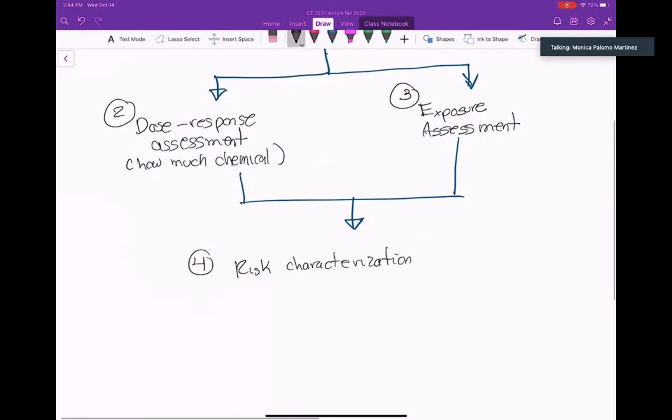And the risk characterization is going to be actually calculating the risk, right? Determining the risk, a value. All of this is risk assessment.